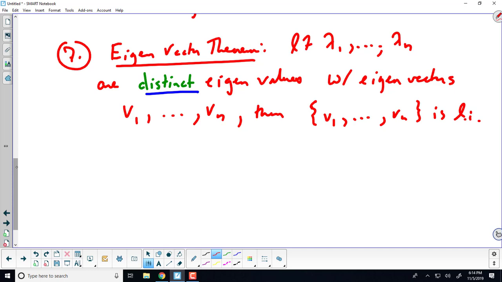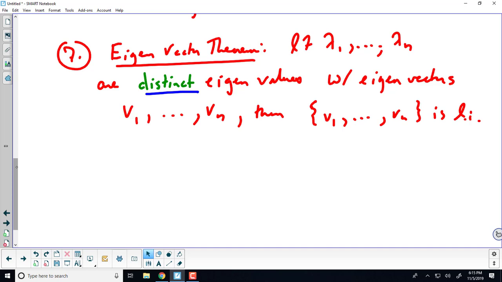Put another way, as long as the eigenvalues are all distinct, you're going to have eigenvectors where one will never be a multiple of the other.